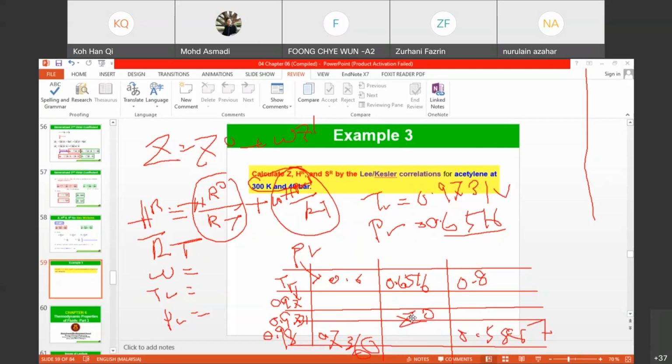If you need the equation, you can refer to appendix F or appendix G. Okay, please do the interpolation and give me the answer of the Z naught. This one, not HR. Z naught and Z prime. Please do interpolation and give me the answer.